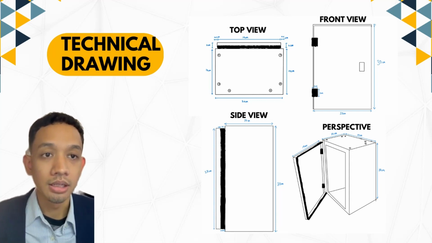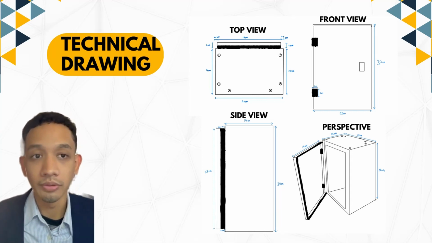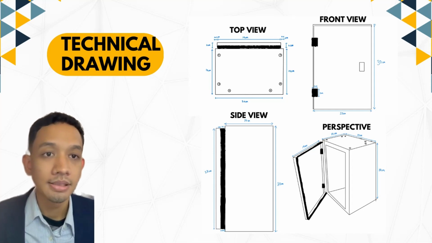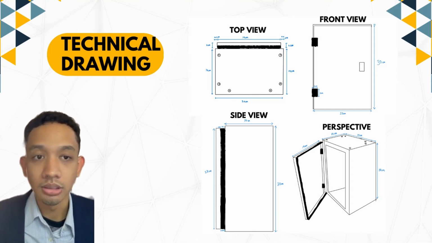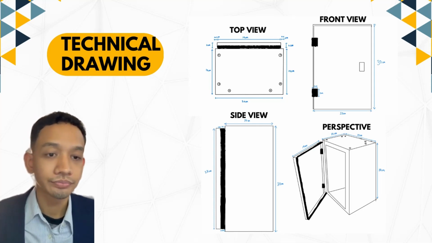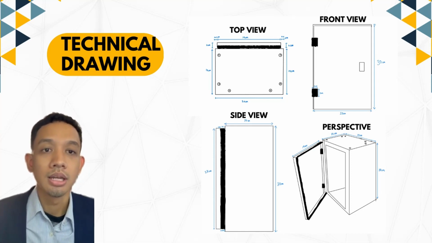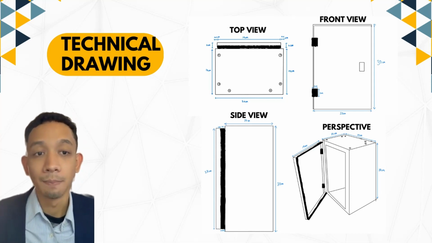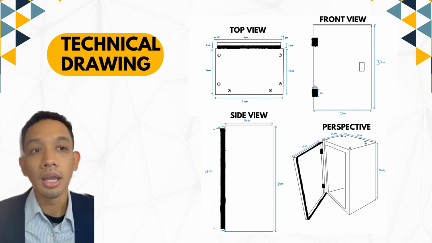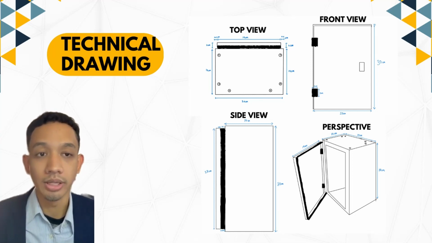In the top view or helicopter view of the MCB box, you can see the black lines. That is the door seal, the rubber door seal that I mentioned just now. Aside from that, you can also see the screws that are used for joining the body parts together.